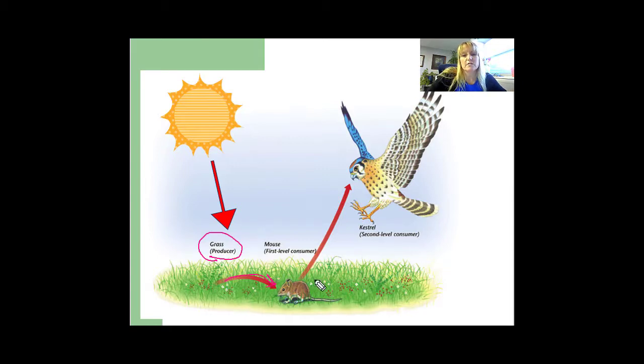That's being transferred to the mouse, which is the primary consumer, and then that is transferred to a kestrel, in this case a secondary consumer, and not very many things will eat kestrels. Sometimes some larger hawks will eat kestrels. So you might have a larger raptor here that would then be your tertiary consumer depending upon your ecosystem.